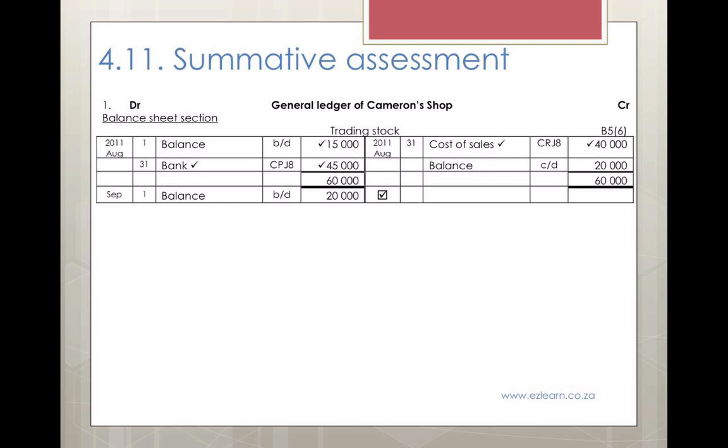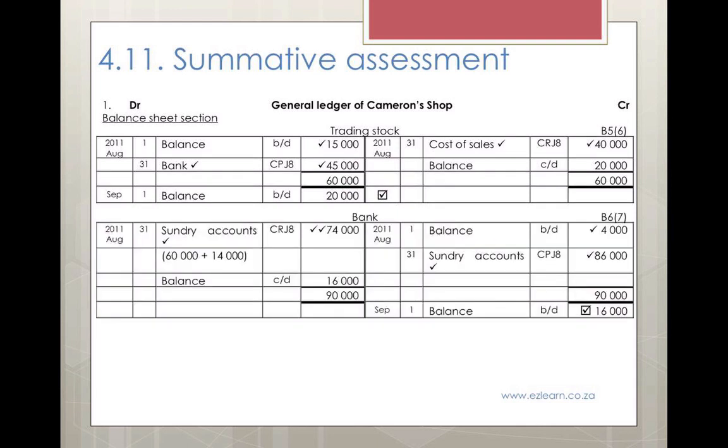To total the account, you would use the debit amount of 60,000 as your totals. On the credit side above the total, you would fill in a balance carry down of 20,000. And on the debit side below the totals, September the 1st, balance brought down 20,000, method tick.